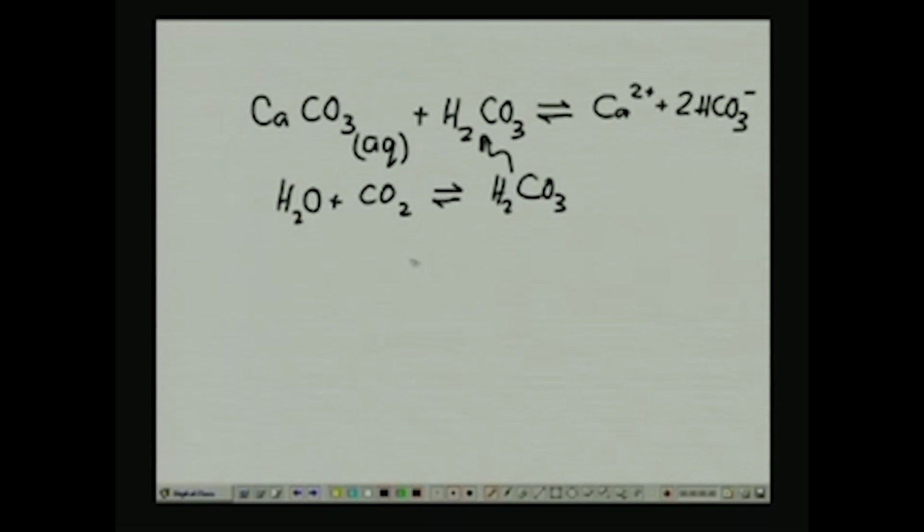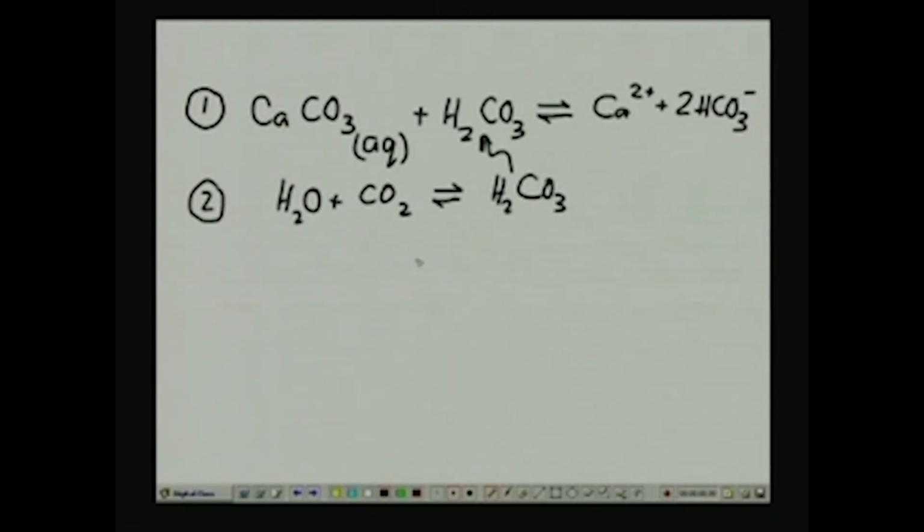Now, what happens actually? Let's consider reaction 2, how the forward rate of reaction 2 is accentuated, and then we will look at the impact of that rate on the precipitation or dissolution of calcium carbonate.